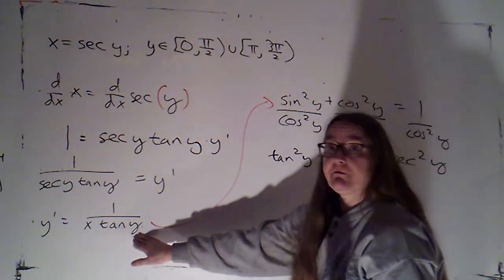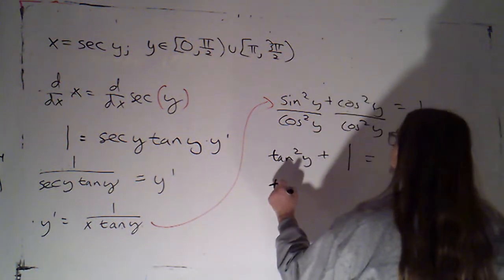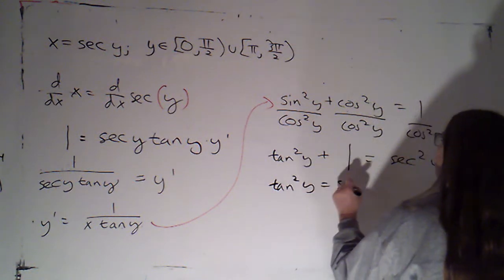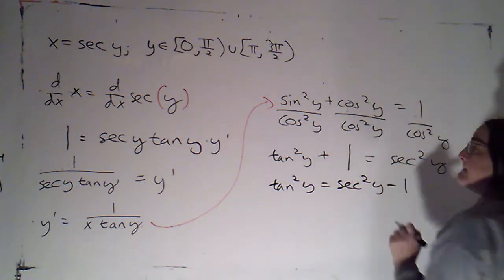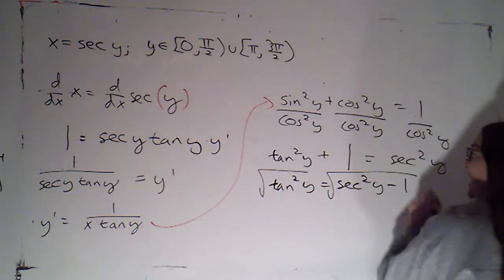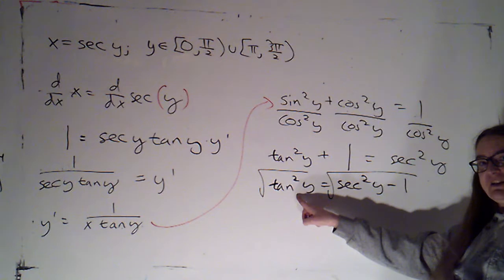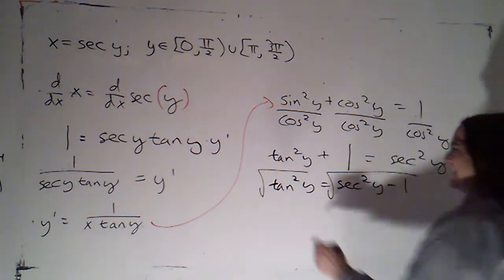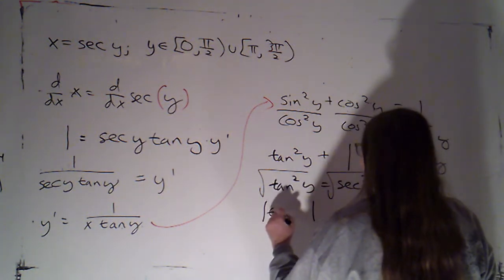Now I want to try to solve for tangent of y. So tangent squared y equals secant squared y minus 1. I'm going to take the square root of both sides. Square root of tangent squared is not tangent. It is the absolute value of tangent.